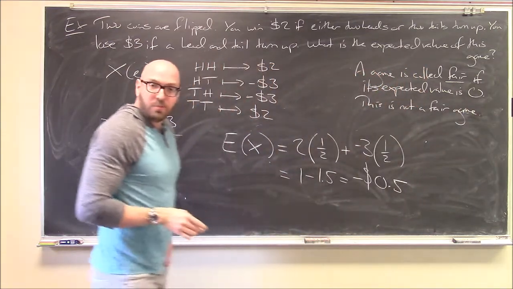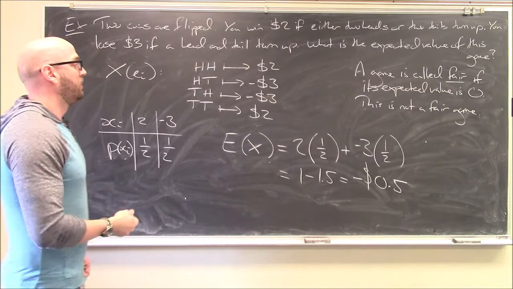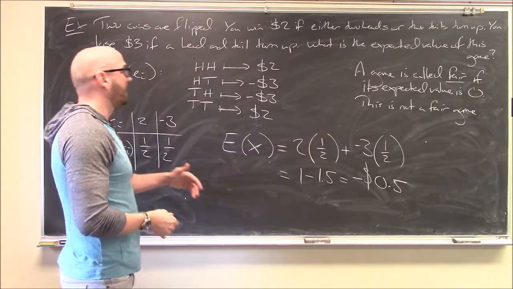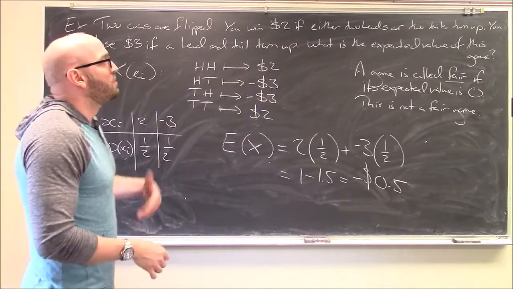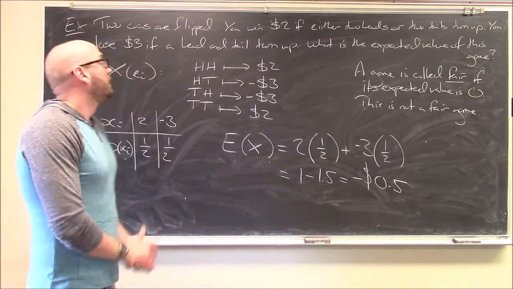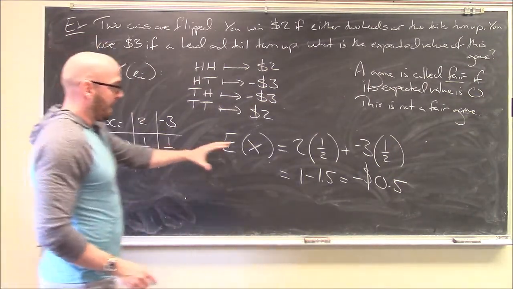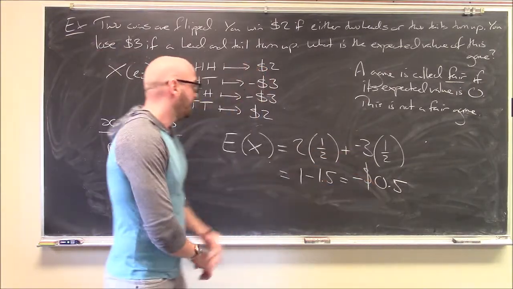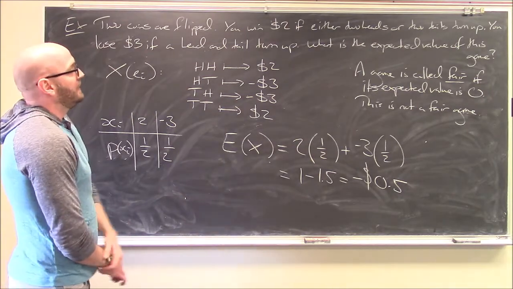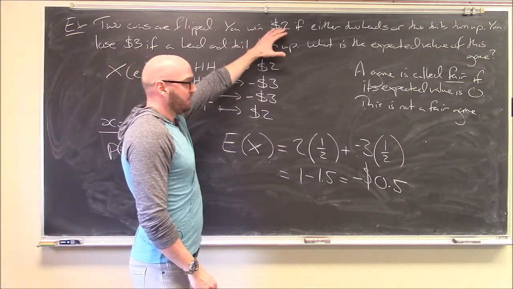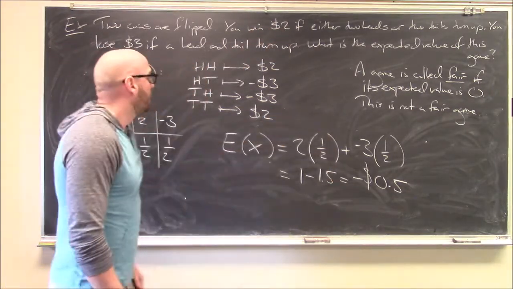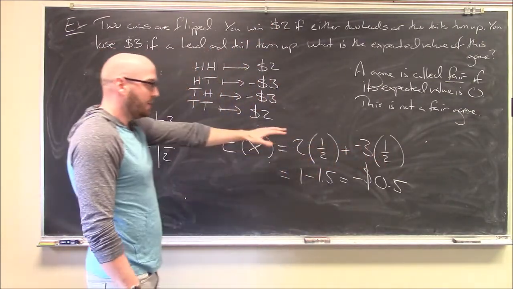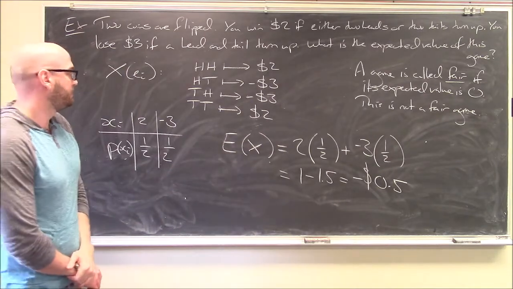You might see some problems in the homework about fair games. Fair means its expected value is 0. Sometimes they'll ask questions like how should you modify this game to make it fair? Well, I would need to modify these payout schemes so that this equals 0 at the end of the day. So either make it you win $3 and lose $3, or you win $2 and only lose $2. Either one would make this game fair.